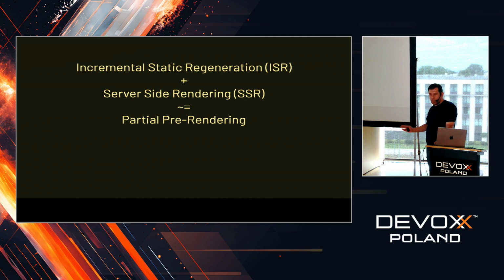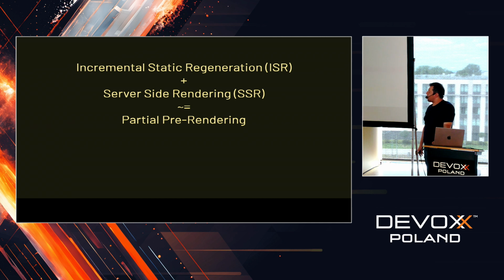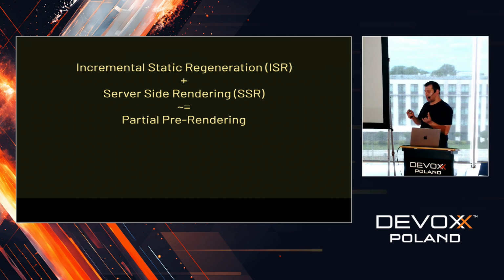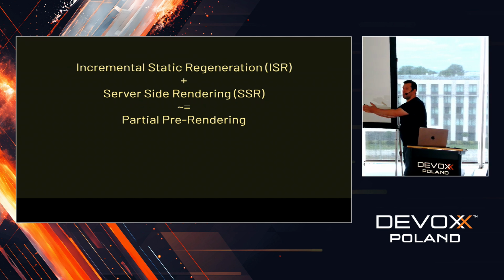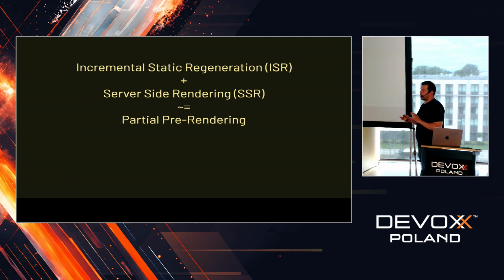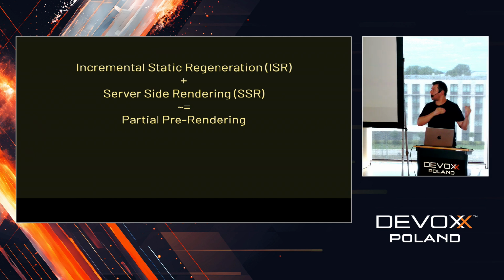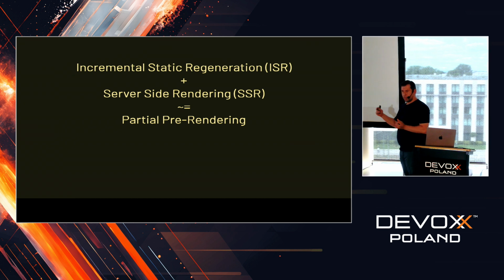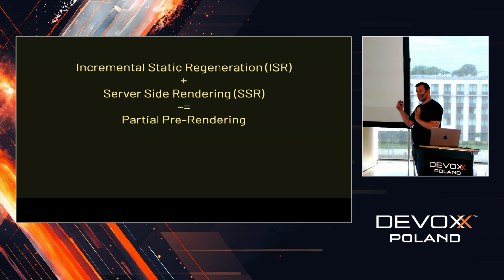So it's a combination of incremental static regeneration from Jamstack, where we create the whole application and deploy it somewhere on the server, plus server-side rendering, where for each request the server renders the response. It's a try to connect these two mechanisms together.